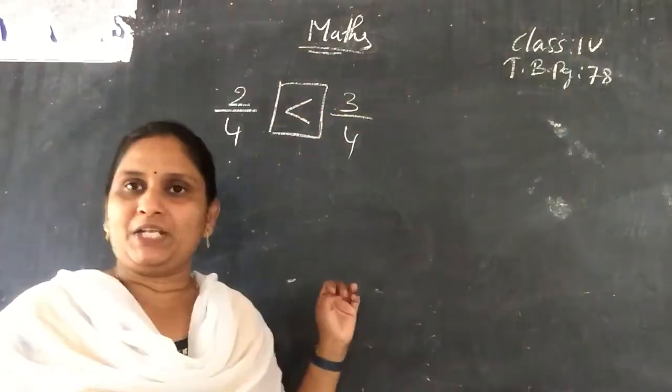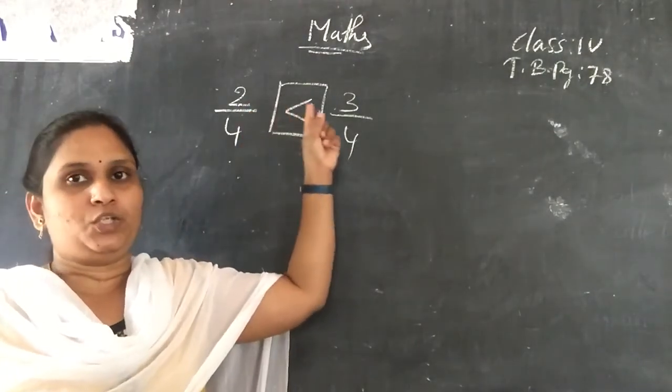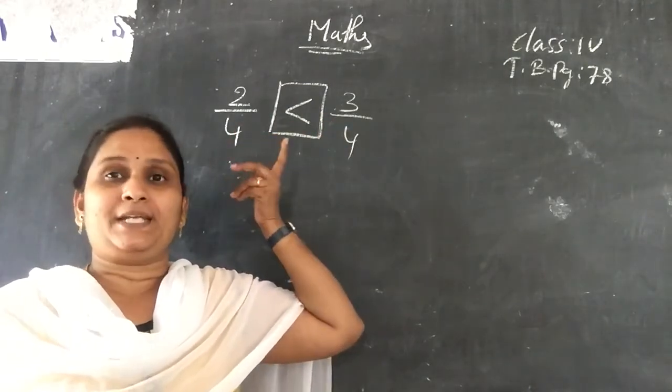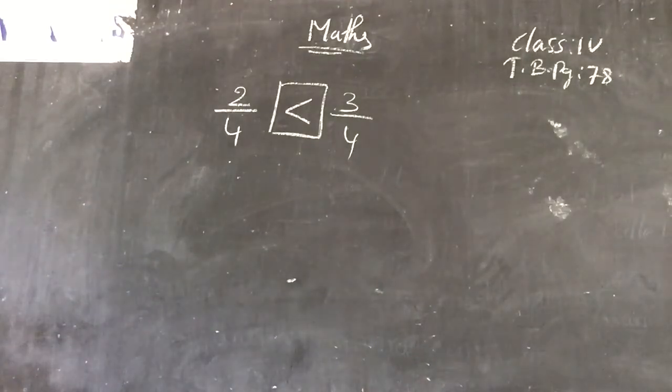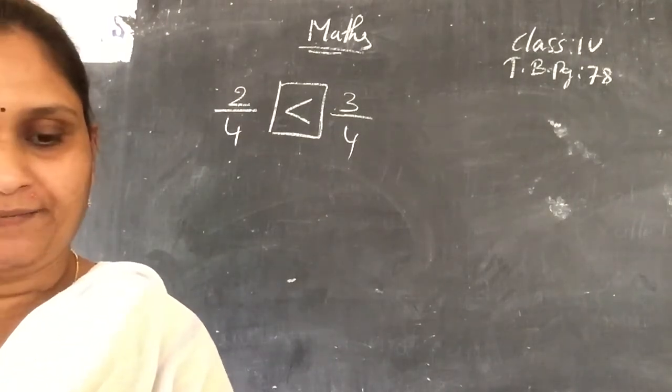Once again, repeating, children, if the denominators are the same, we compare the numerators, and the number which is greater has the more value.